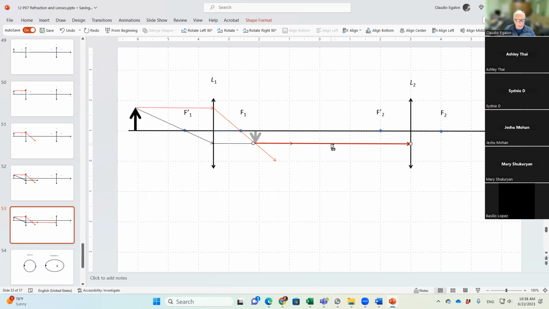Okay, and now we need another light ray.